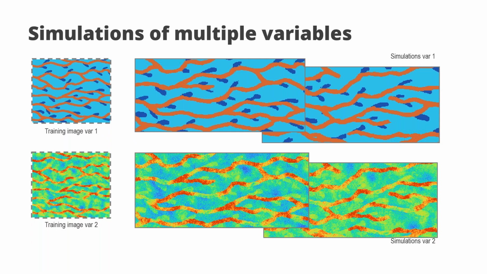The scan of the training image is stopped as soon as all patterns have reached the threshold, for example. And 2 simulation modes are available. We can work with one variable at one location simulated at a time, or all variables at one location simulated at a time.